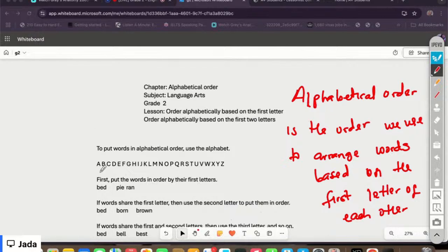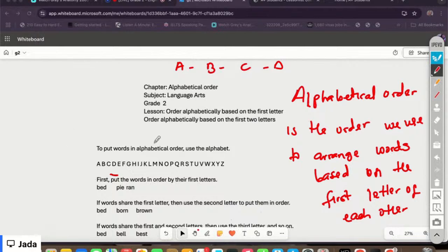So we have the alphabet over here, and if we need to arrange words, we always have to make sure that we look at the alphabet. We already know that once we have A, the next will be B, C, D, and that's how we keep on moving, okay?